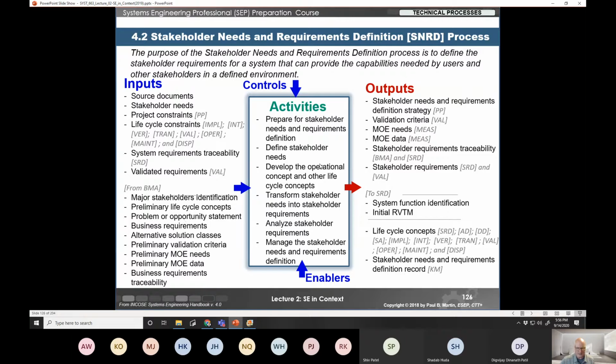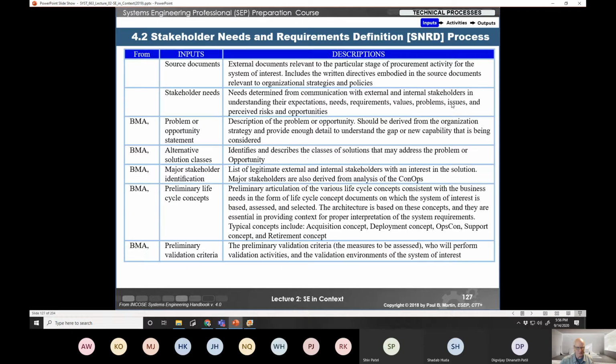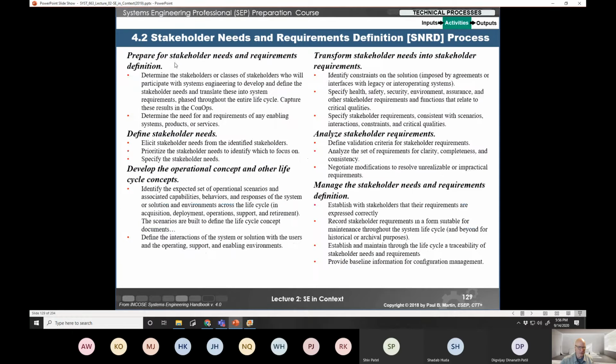All of it goes into these activities, which include preparing for doing this analysis and then defining those needs. We'll get into that in the next slide. But your main output here is your MOEs and your validation criteria, as well as your requirements. So you prepare your stakeholder needs and requirements, then define what those stakeholder needs are.